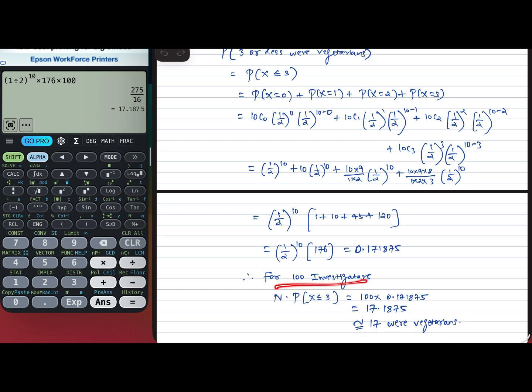For 100 investigators, multiplying by 100 gives about 17 investigators. Here I am talking about the percentage, that is 17%, but here there were 17 investigators out of 100.